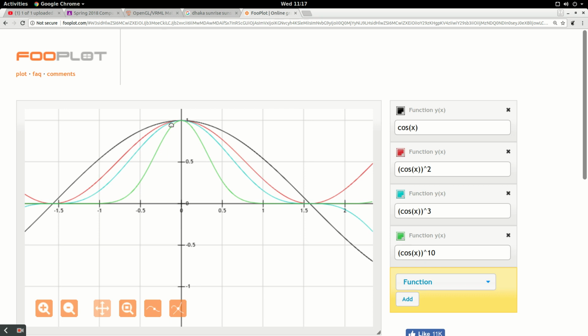But if you had low exponent cos curves, they'd have higher intensity. So depending on the exponent, you can narrow down the band or expand the band.